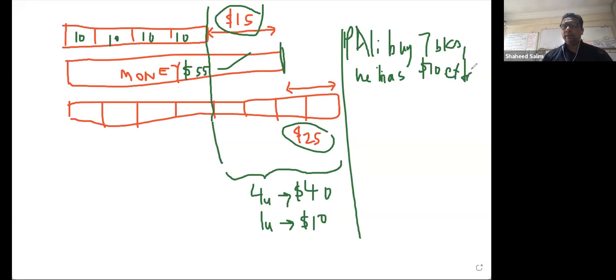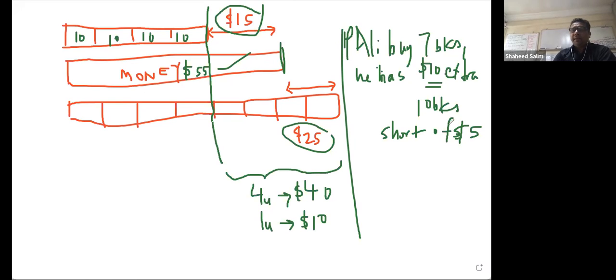Now, if he buys 10 books, he is short of $5. Can you find how much money he has? I repeat the question. If Ali buys 7 books, he got $10 extra. But if he buys 10 books, he is $5 short. How much money does Ali have?